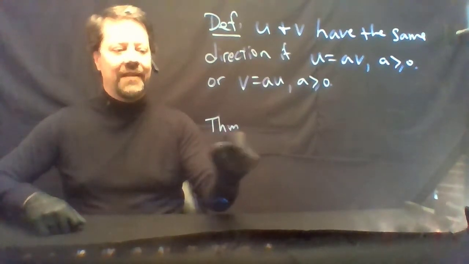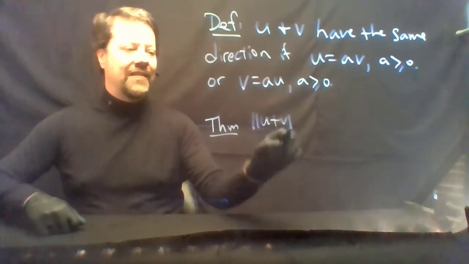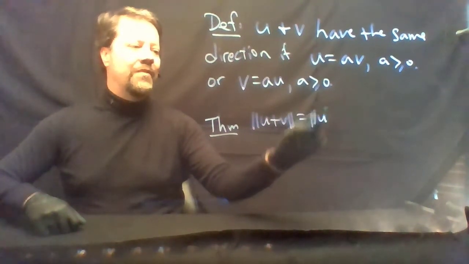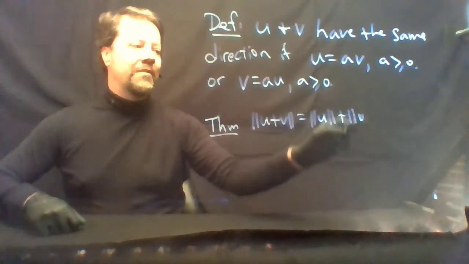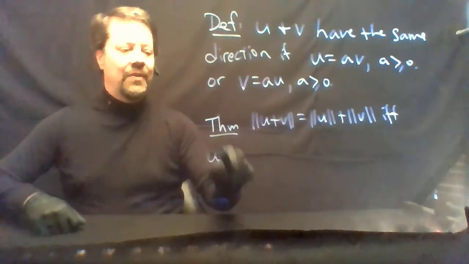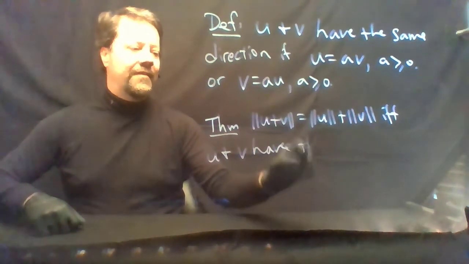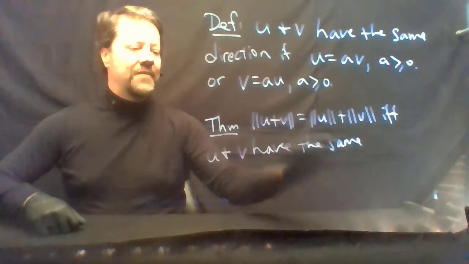There is the following theorem. The norm of u plus v equals the norm of u plus the norm of v if and only if u and v have the same direction.